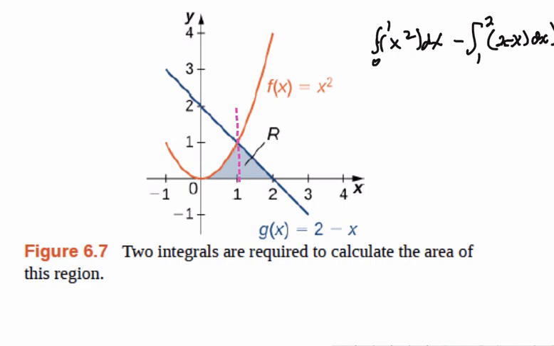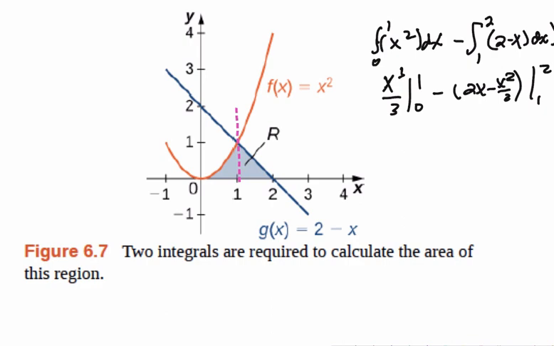So what's interesting about that area is that it's not the area between the curves. It's the area of one curve until the other one kind of takes over. Okay. So our first one, that's just x cubed over 3 from 0 to 1. And the next one is 2x minus x squared over 2 from 1 to 2.